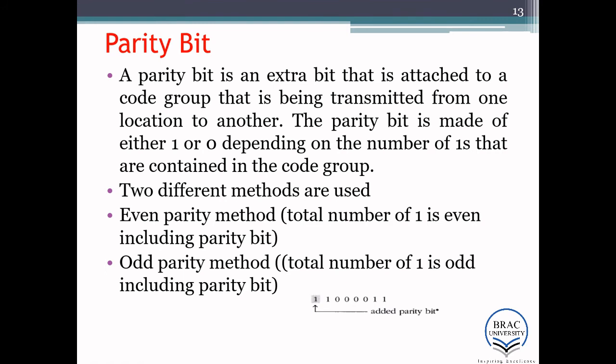So you have been given an example here. If you count the number of 1s, 1, 2, 3, 4, including the parity bit, it is called even parity because the number of 1s is 4, even. If odd, then it is called odd parity.